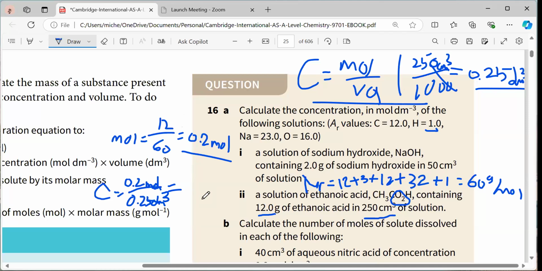Okay, let me calculate this real quick. So we have 0.8 mole per decimeter cube. It's negative 3 right there. So now we have the concentration, 0.8 mole per decimeter cube.